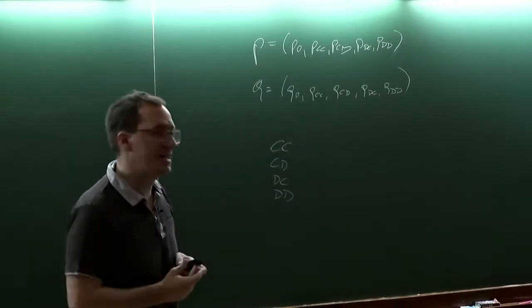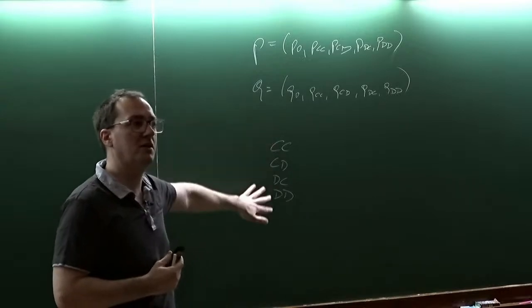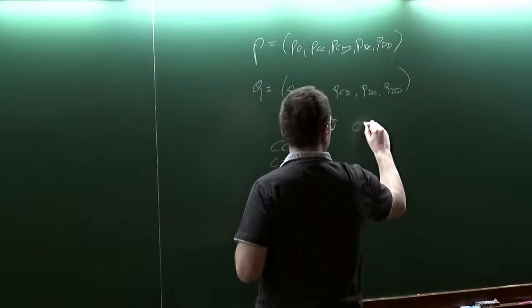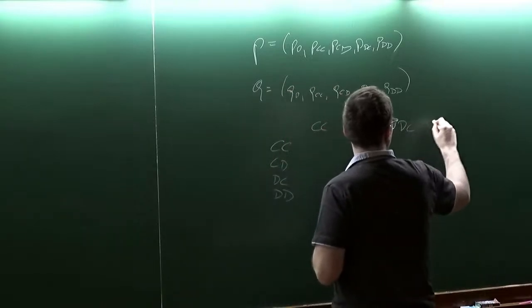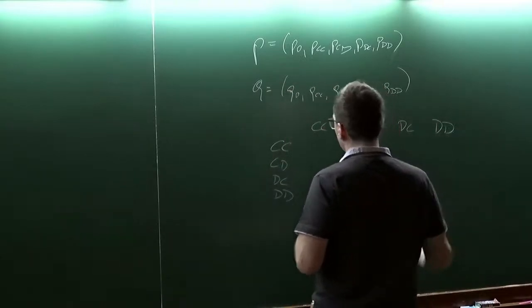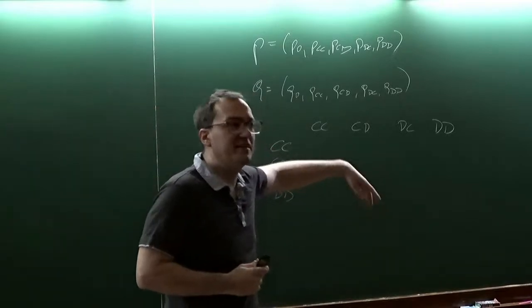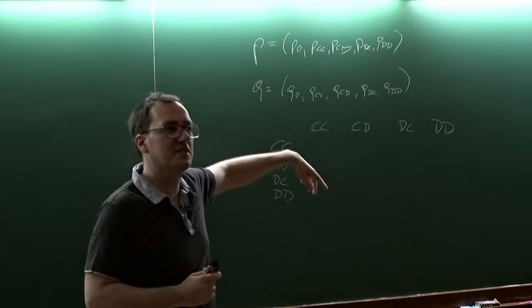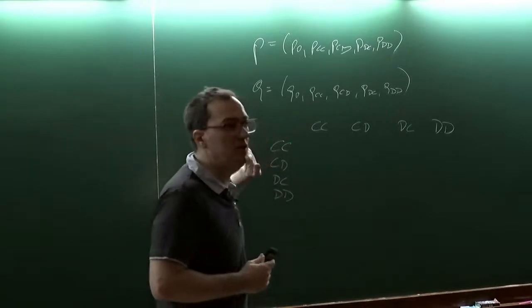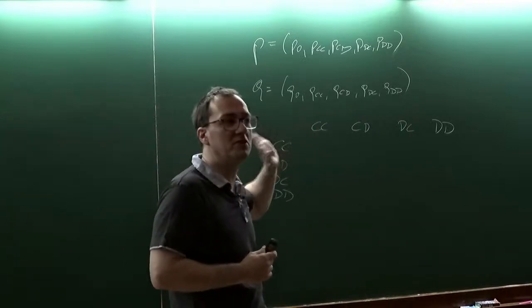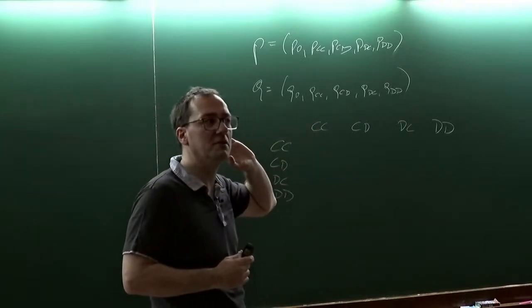And the question that I ask is, given that I know the outcome of the previous round, what is the probability that I would see a CC in the next round, a CD, a DC, and a DD? All right, so now I need to populate this transition matrix. Given I know that the previous outcome was CC, we both cooperated. What is the probability that we both will cooperate in the next round? Does anyone know?